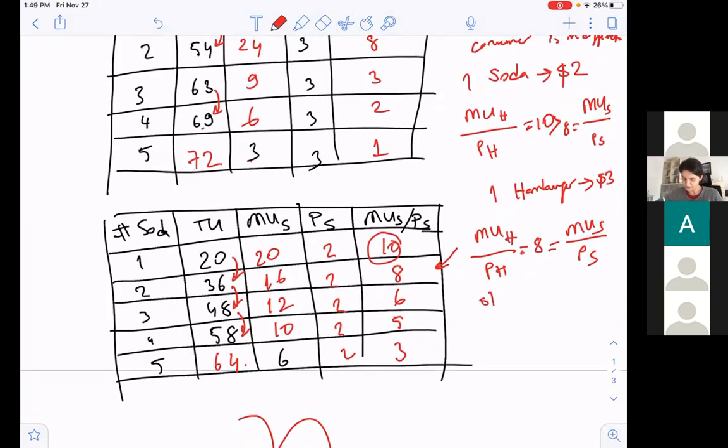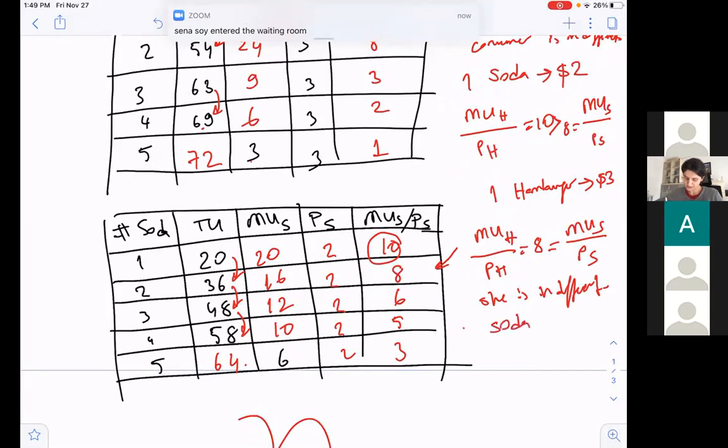So she's indifferent again. This doesn't have to be so, it is a coincidence. Let's say that she chose soda again. So this is the second soda, and she's going to spend $2 on soda.